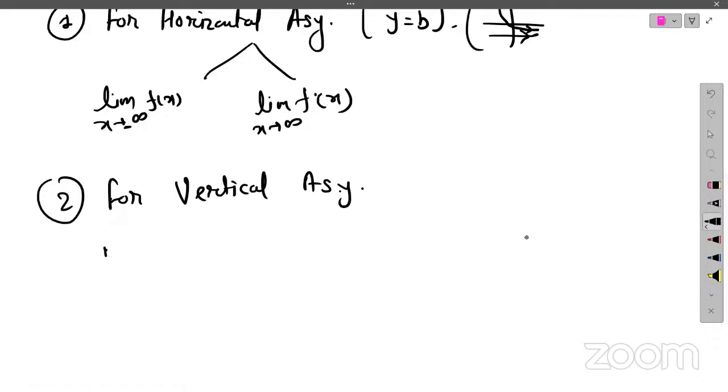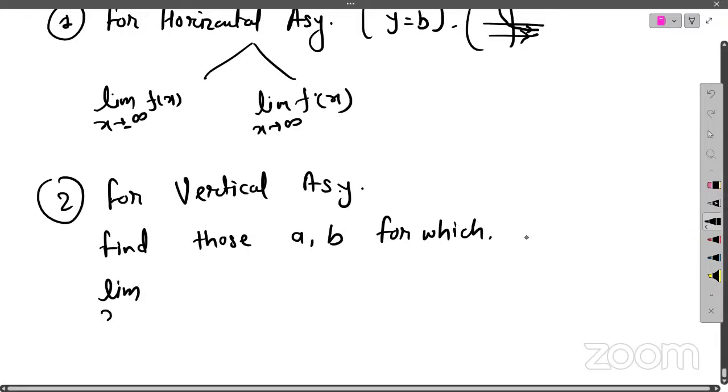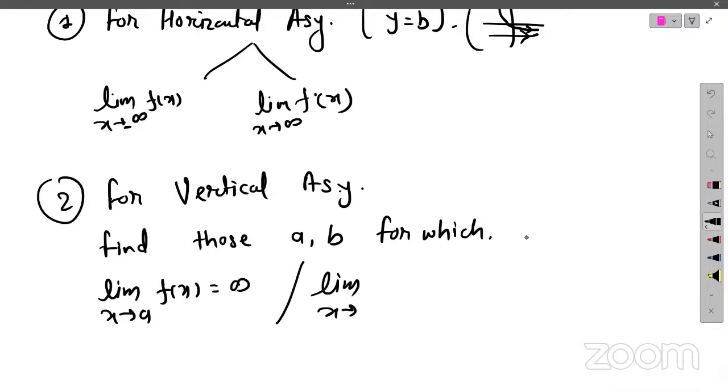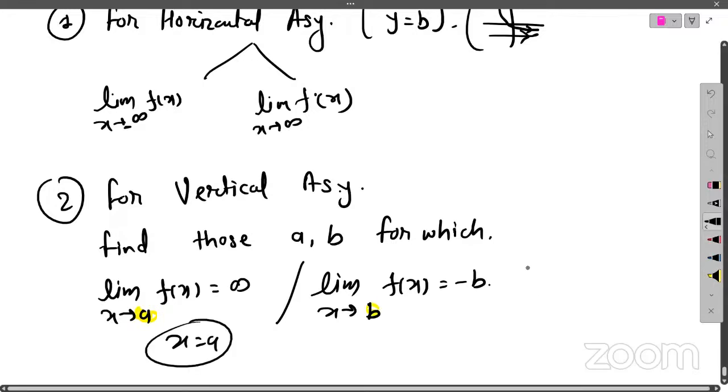So you have to find those a, b for which limit x going to a of f of x is equal to infinity, or limit x going to b of f of x is equal to minus infinity. For a vertical asymptote, you have to find such values of a and b. Then the lines x equals a and x equals b will become your asymptotes.